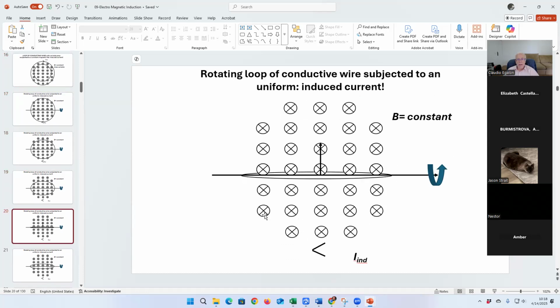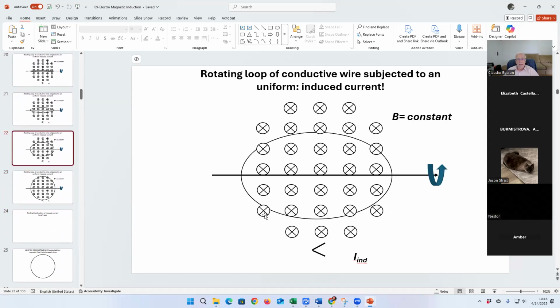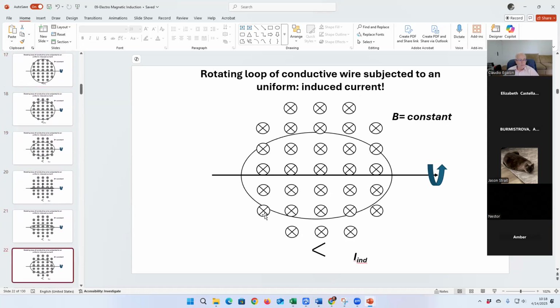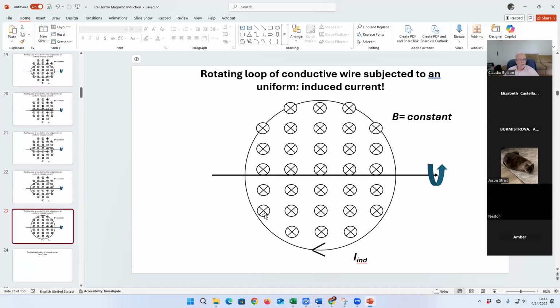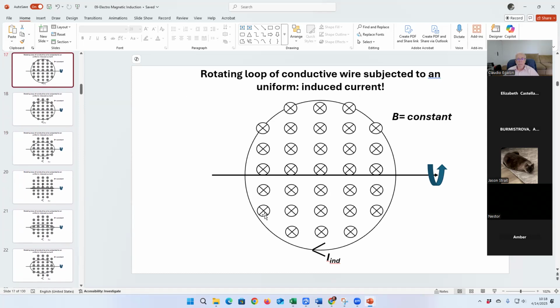Okay? We're rotating. And again, a generator works exactly in this way.